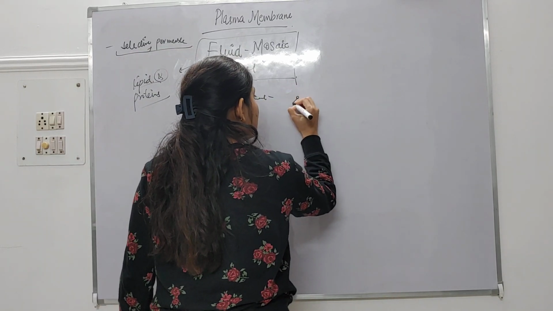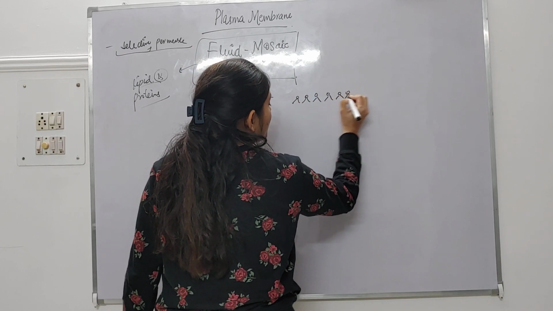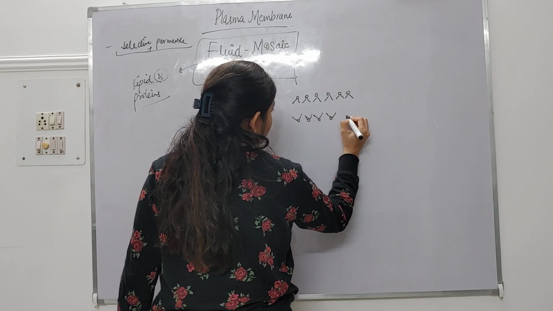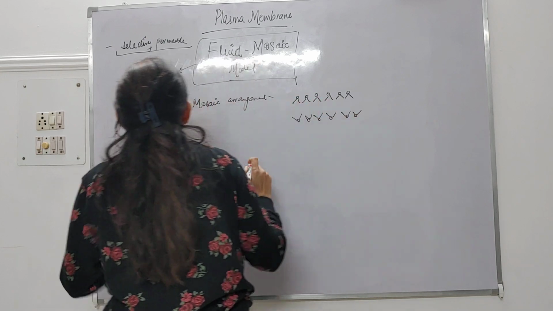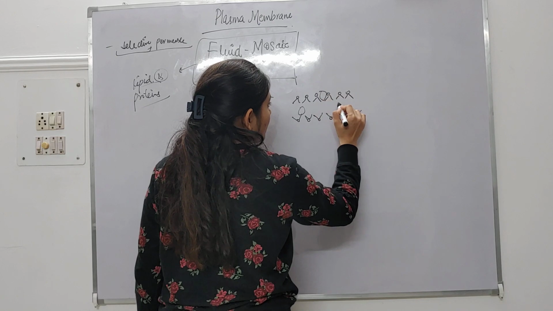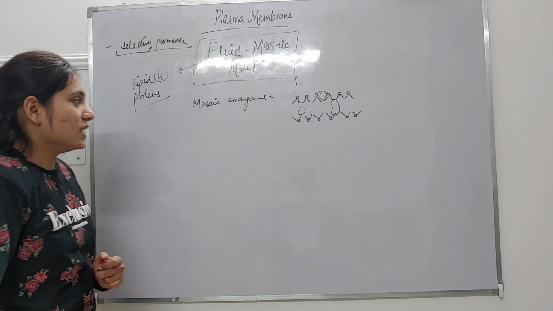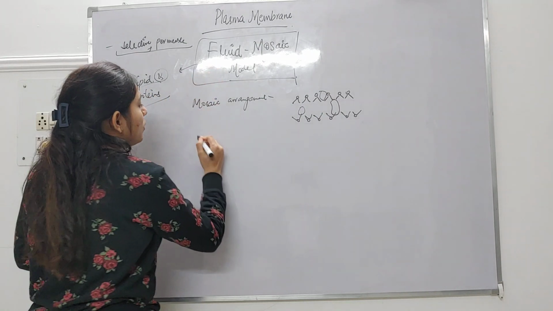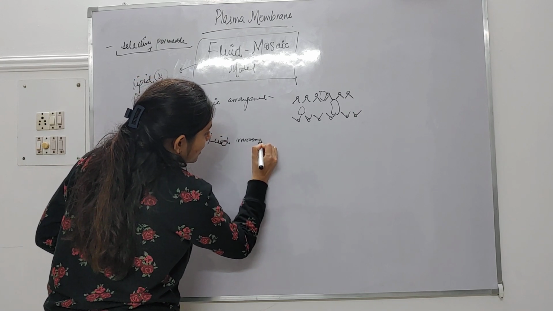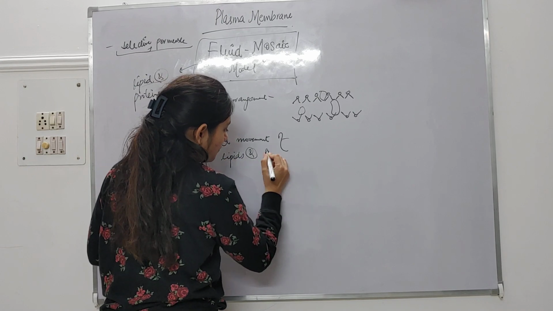The membrane is present like this, lipids are present like this, and proteins are present in between them, in a mosaic arrangement, and fluid movement of lipids and proteins is present.